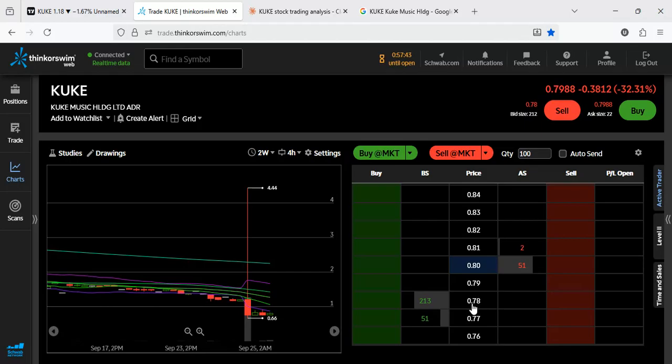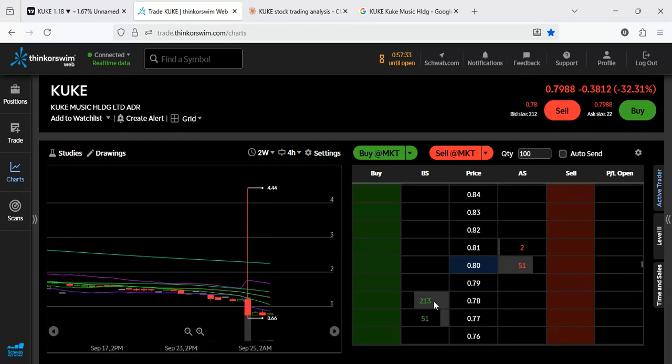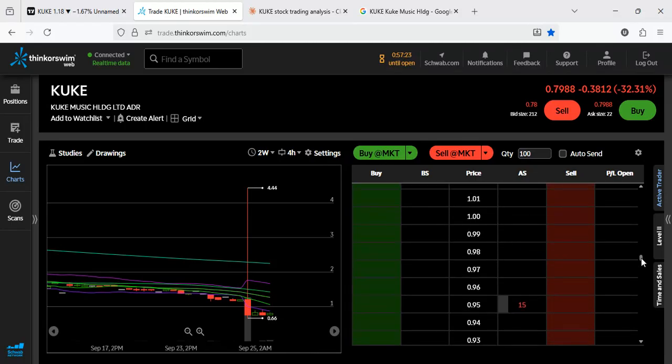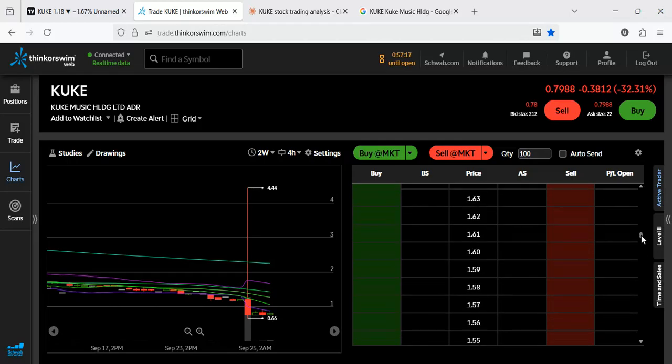The market hasn't opened yet, so when the market opens, maybe it will be something totally different. Also, given that it is down 32%, it may attract a lot of activity today as well. But for now, activity is not so high. Some people are expecting a bounce to 0.95. Has it not done that already in this session?